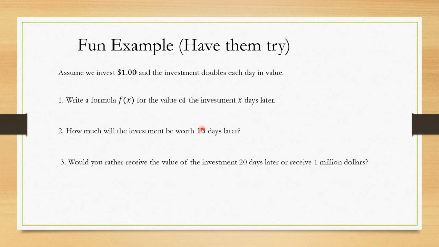First thing we want to do is write a formula, f of x, for the value of that investment x days later. Notice that this is going to be exponential because it's doubling in value.